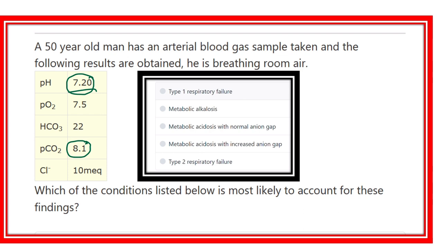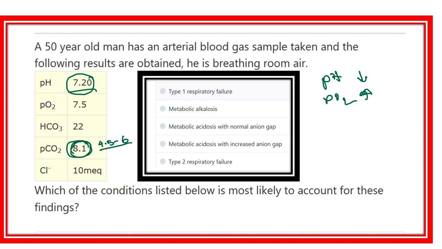The normal level of partial pressure of carbon dioxide is 4.5 to 6, but here it is more than 6. That means pH is less, and partial pressure of carbon dioxide is increased. So it is respiratory acidosis.